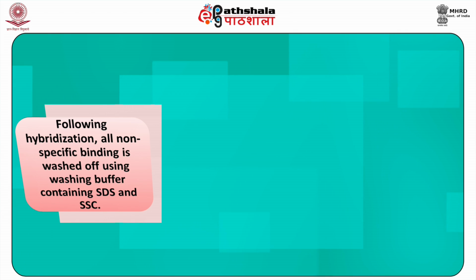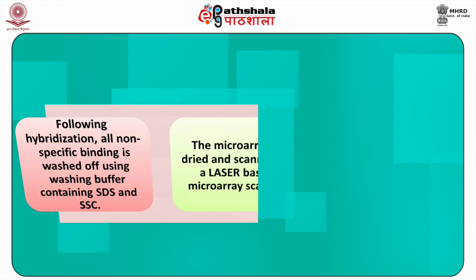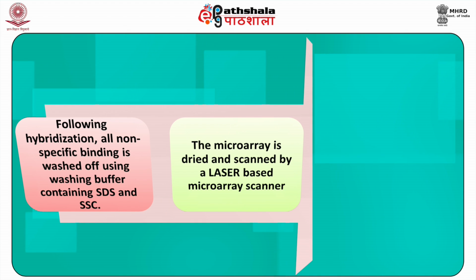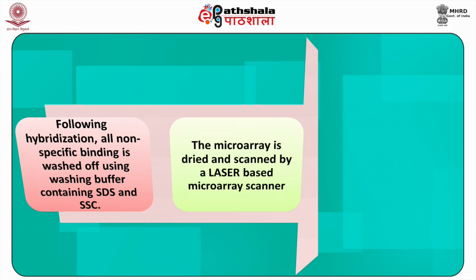Following hybridization, all non-specific binding is washed off using washing buffer containing SDS and SSC. The microarray is dried and scanned by a laser based microarray scanner that uses a laser to excite the fluorescent dye and measures the intensity of emission as signal with a detector.